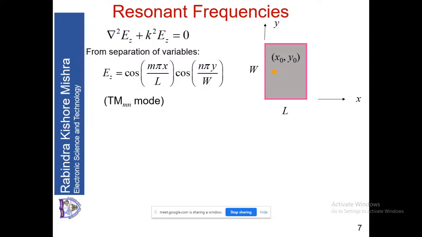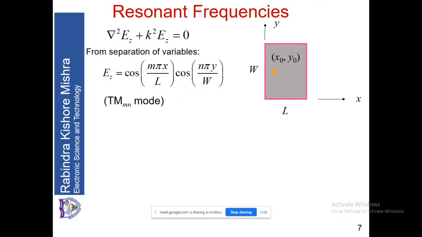Starting with Maxwell's curl equation, proceed as you have proceeded in the case of a waveguide, and you will get del square Ez plus k square Ez is equal to 0. Then use separation of variables. Using separation of variables, you will get Ez is equal to cos(m pi x upon L) cos(n pi y upon W). Right? So this gives you the TMmn mode.